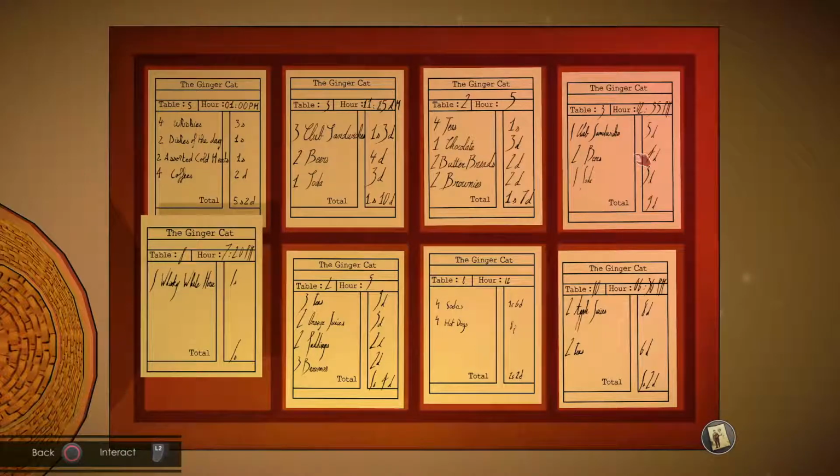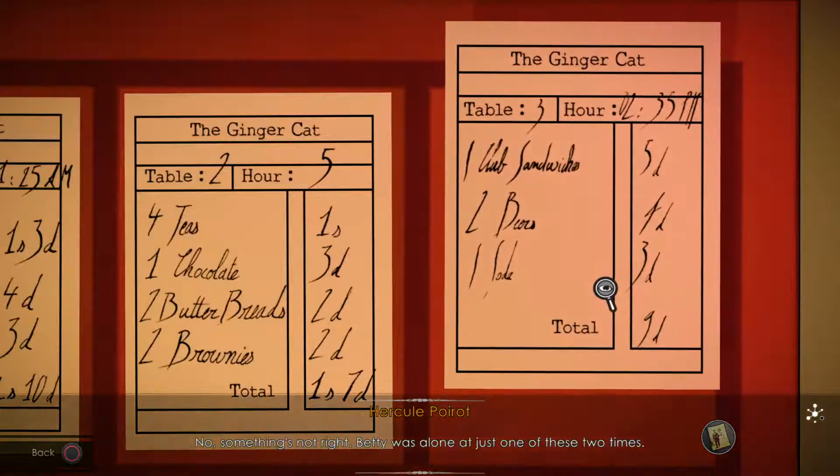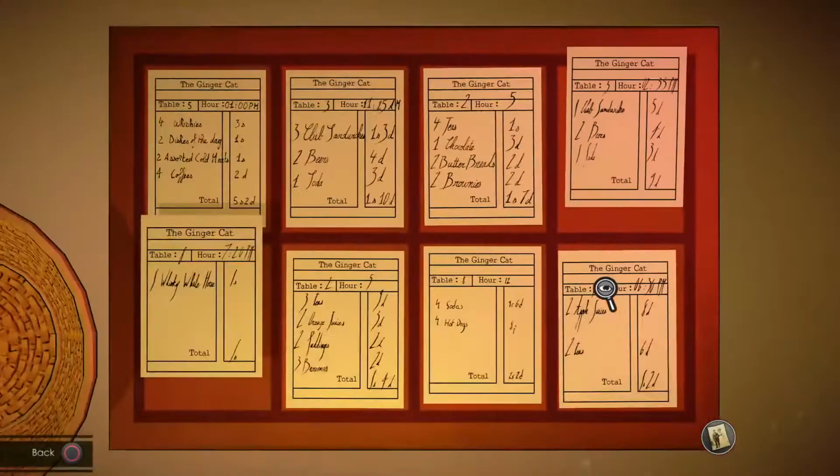This one could be it. This one and this one. And this one. No, something's not right. Betty was alone at just one of these 2 times. Oh, that's right, okay.